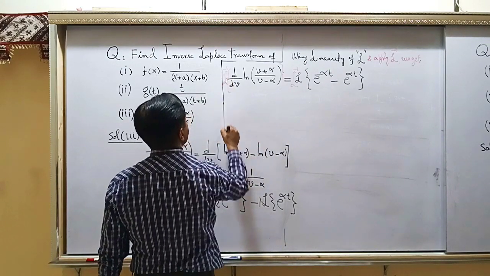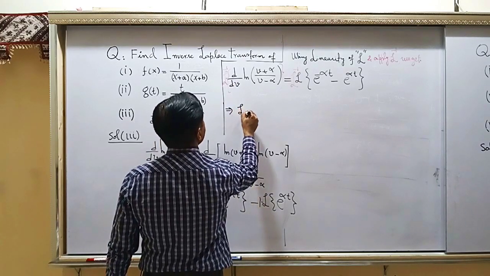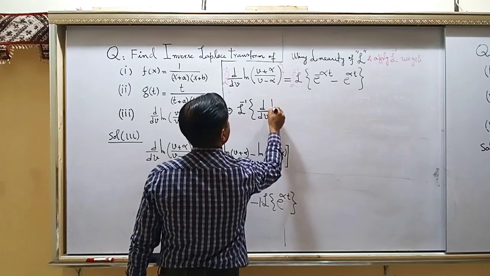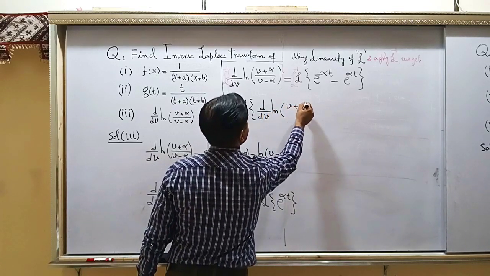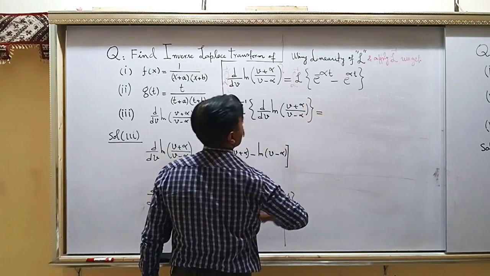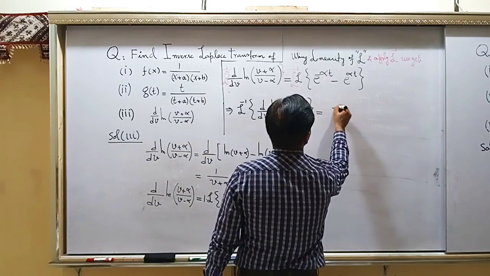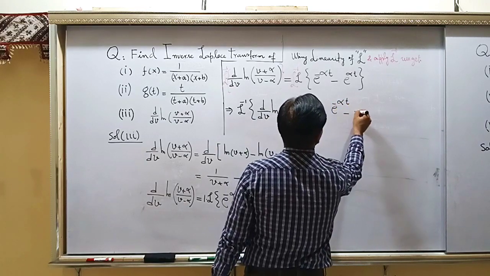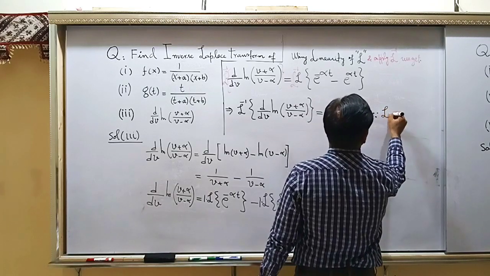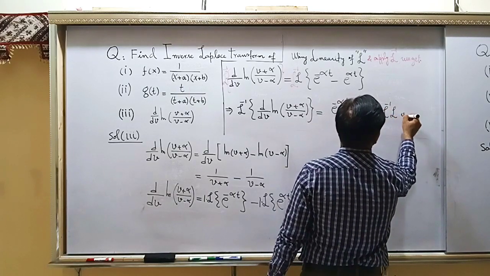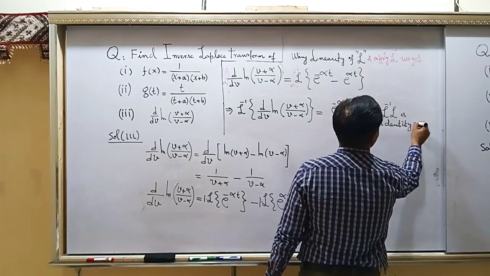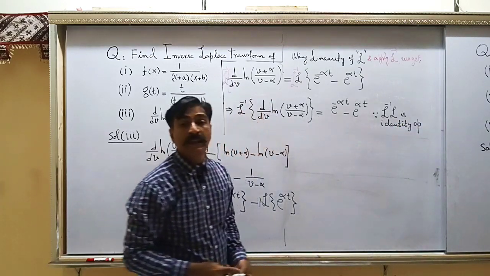So in the next step, the inverse Laplace transform of d by dv of log of v plus alpha over v minus alpha is equal to this function e to the power minus alpha t minus e to the power alpha t, because L inverse L is the identity operator, right?